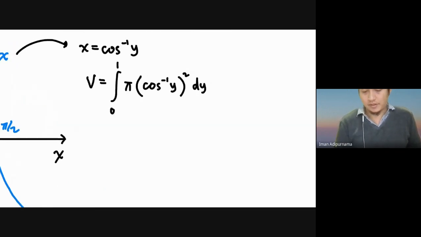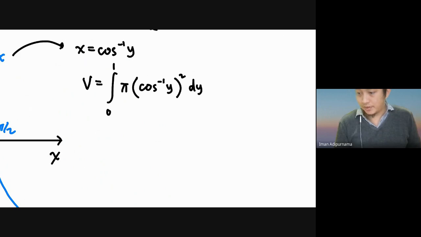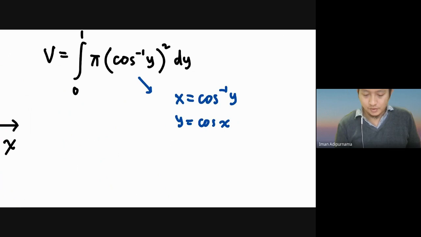Okay, at least we have the volume. Now how to solve this? We turn again to this part here. Let's say this is x equals cos inverse y. This is y equals cos x, right? We take the derivative, right? And we do the substitutions.